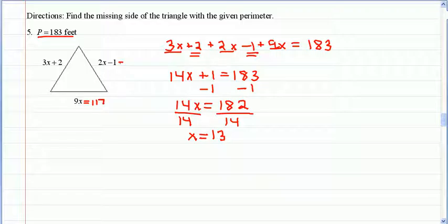And then for 2x minus 1, I take 2x minus 1 and substitute 13 in for x. 2 times 13 is 26, minus 1 is 25.